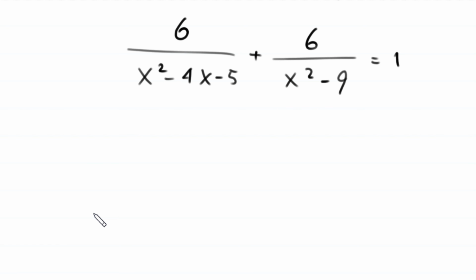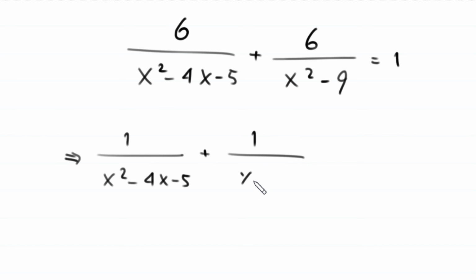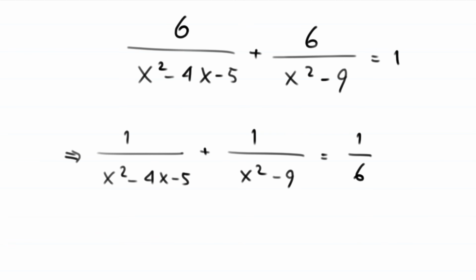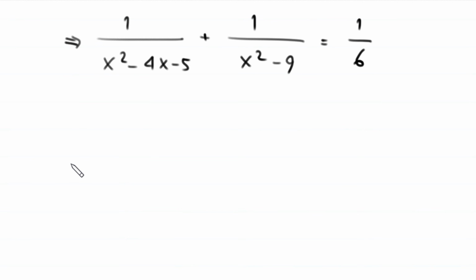Now if we divide both sides by 6, this implies that 1 divided by x squared minus 4 times x minus 5 plus 1 divided by x squared minus 9 equal to 1 over 6. Now we make a substitution. We suppose that x is equal to y plus 1.